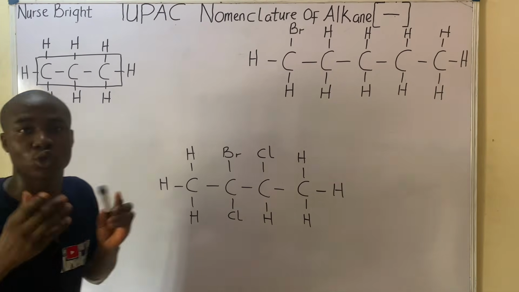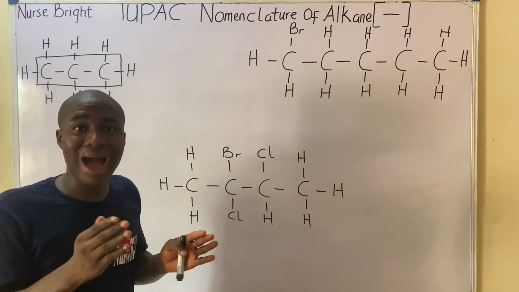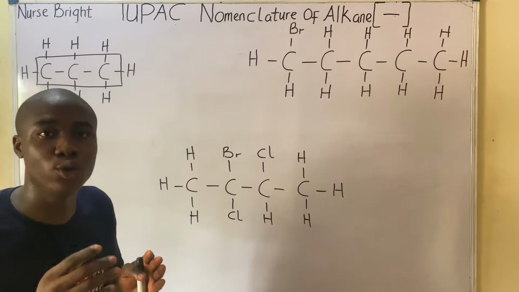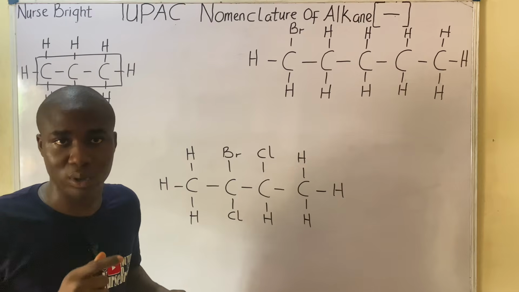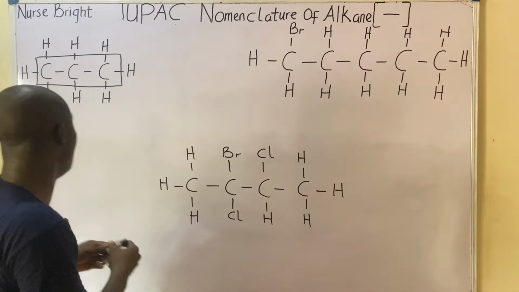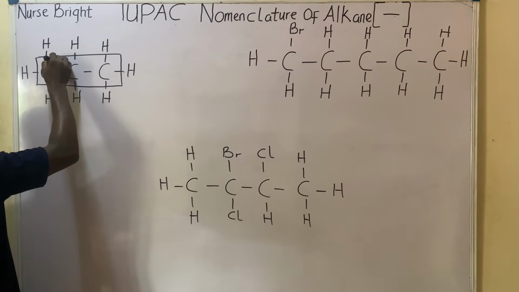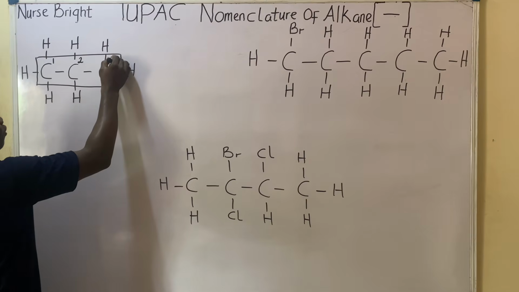So after we've successfully identified the longest continuous carbon chain, we have to number it. You will number in the forward direction and also in the backward direction, meaning you number forward and also number backward. So this is what I mean. You number this longest continuous carbon chain. So this becomes carbon 1. I'm numbering forward now: carbon 2 and carbon 3.